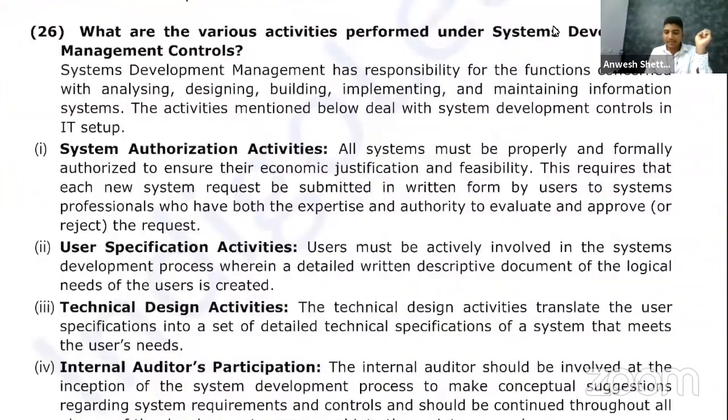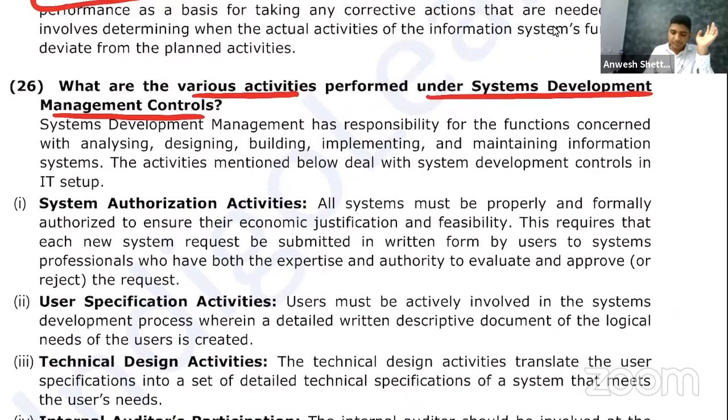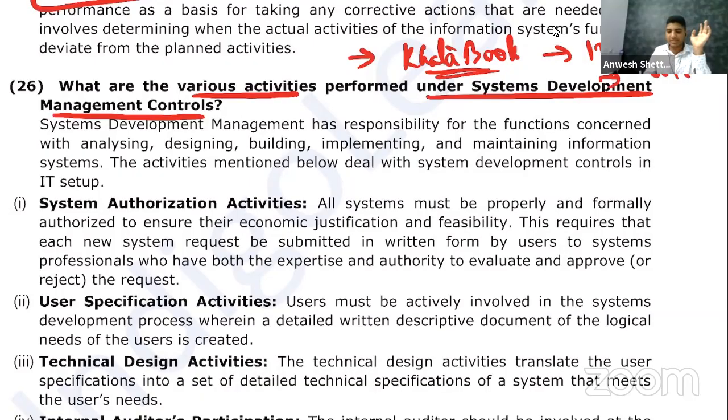Next, what are the various activities performed under system development management control? Simple thing. So what basically happened? They said we will develop Khata book, and the IT steering committee said we want 60 plus 30 employees.